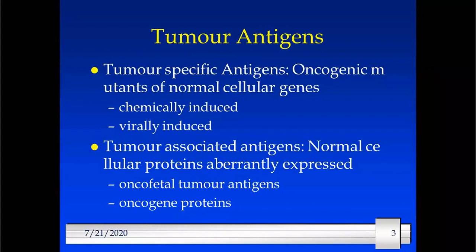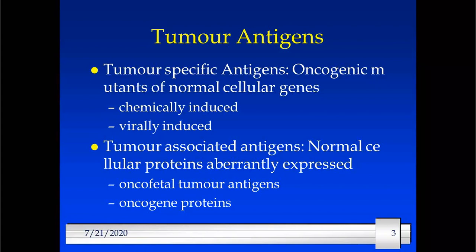We have two types of tumor specific antigens leading to this mutation: either chemically induced mutation or virally induced mutation. And by its name, tumor specific antigen is specific for the tumor. That's to say, it is not present unless there is a tumor source.